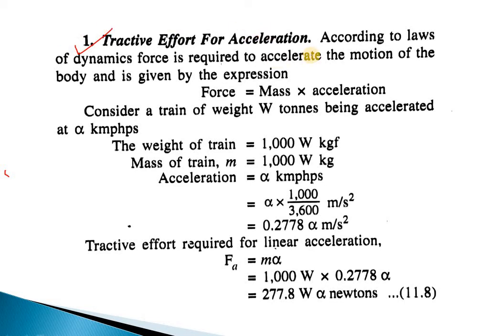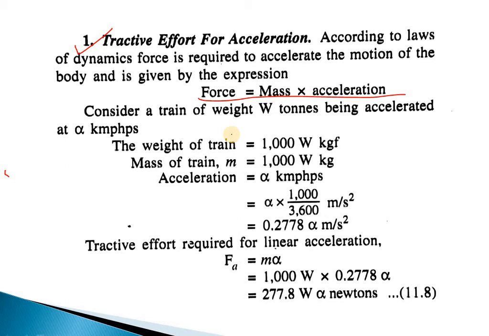According to the laws of dynamics, a force is required to accelerate the motion of a body and is given by force equals mass into acceleration. That is well known to us. Consider a train of weight W tons being accelerated at alpha kilometer per hour per second. The weight of the train is 1000 W kgf.